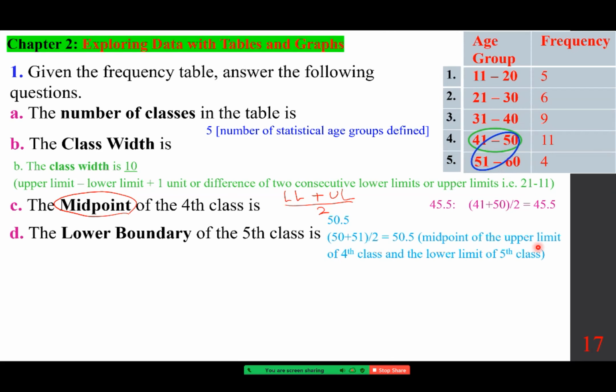So it is the midpoint of the upper limit of the 4th class and the lower limit of the 5th class. Add these two numbers, divide by 2.